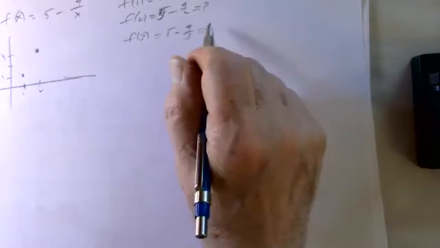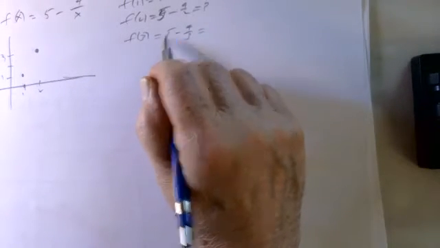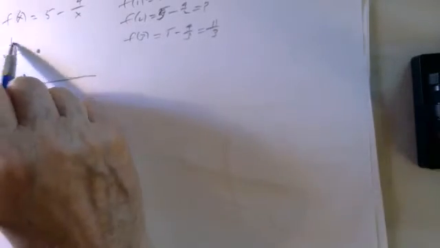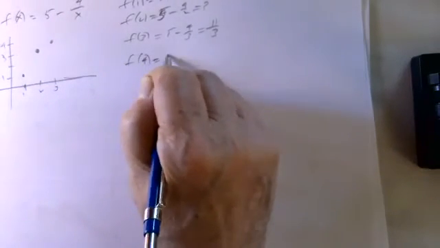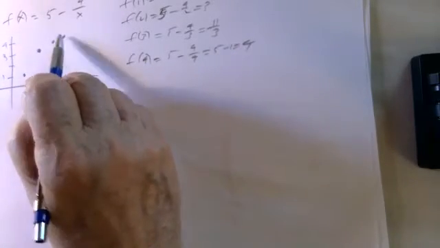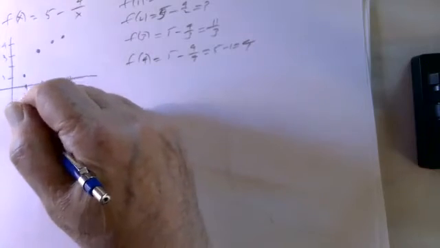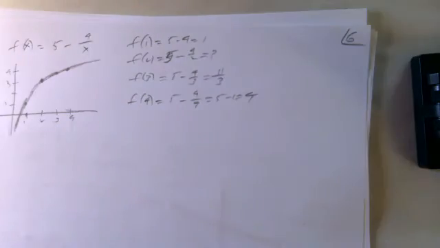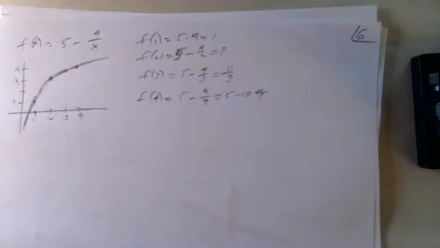So that's 3 2/3, that's 11/3. f of 4 is 5 minus 4 over 4, which is 5 minus 1, or 4. And in general, this graph is half of a hyperbola. That's the graph of this function, 5 minus 4 over x.